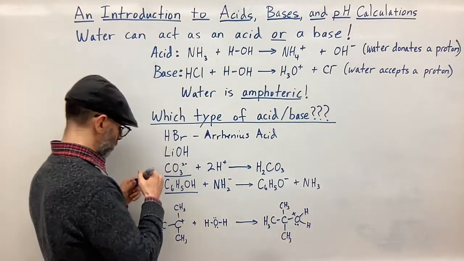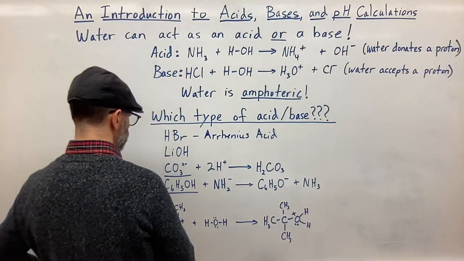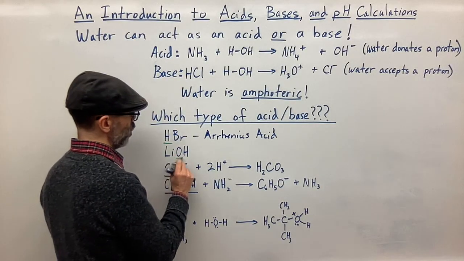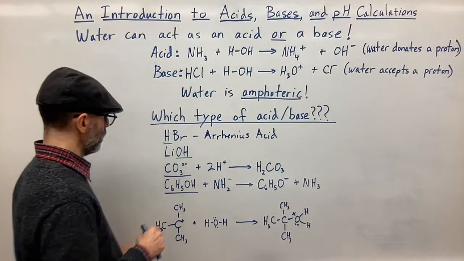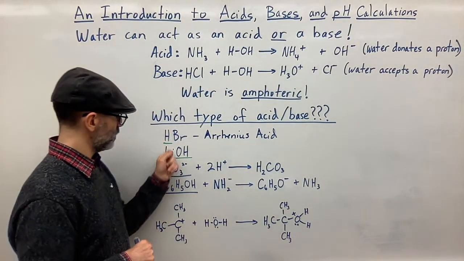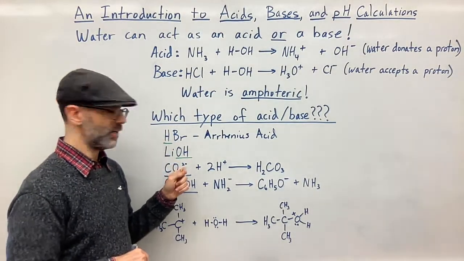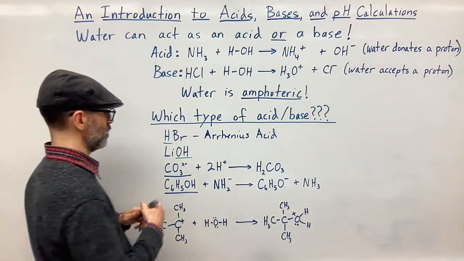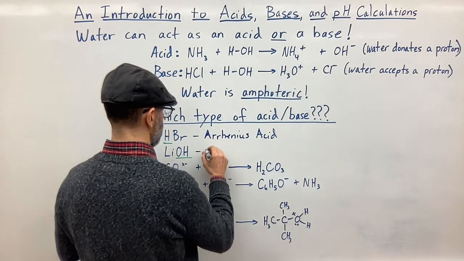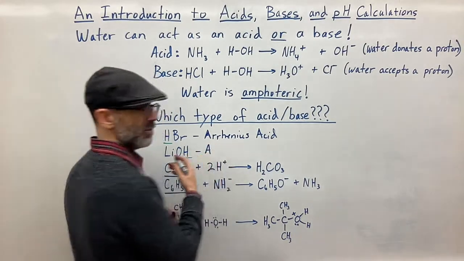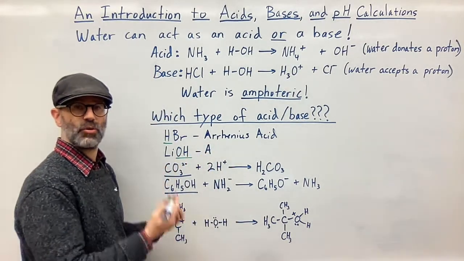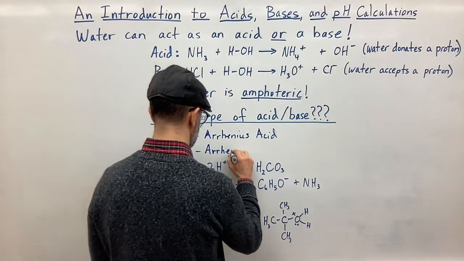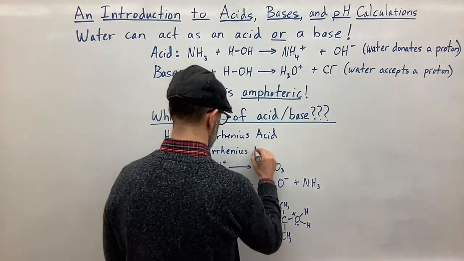Here, let me underline this. So here, hydrogen. Here you see an OH, right? So that OH, this is your hydroxide ion. So it can give off or produce or create an OH minus. So this is going to be a base of the Arrhenius kind, right? So this is going to be an Arrhenius base.